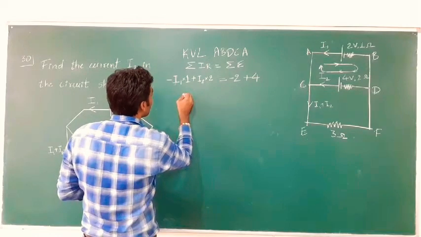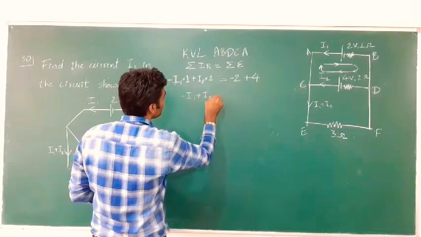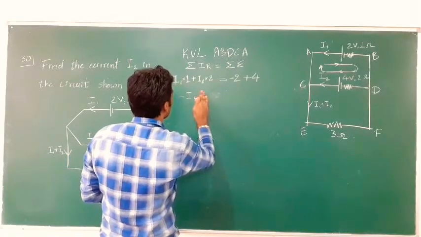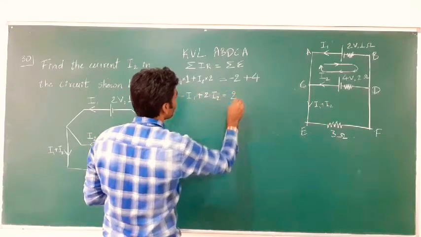So, after simplifying this, I get minus I1 plus 2I2 is equal to 2. Okay.